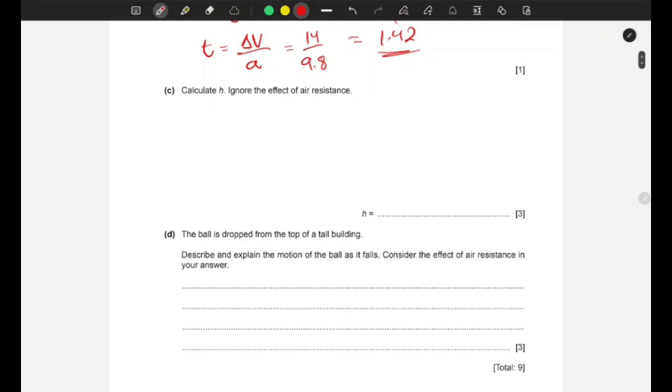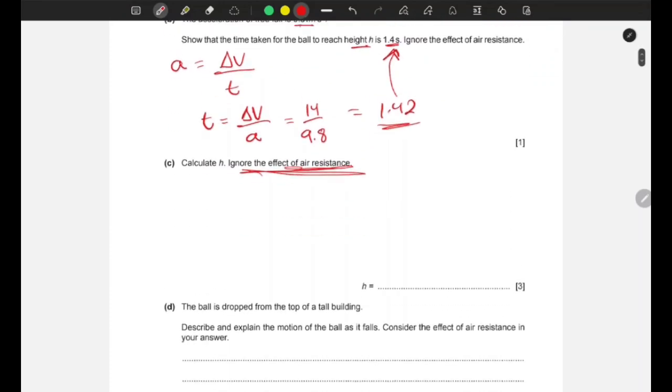Part C, calculate h. Ignore the effect of air resistance. Whenever we ignore air resistance, acceleration is constant, and no energy is wasted. As the ball goes vertically upwards, at the top it has GPE, gravitational potential energy, and at the bottom it has kinetic energy since it's moving.